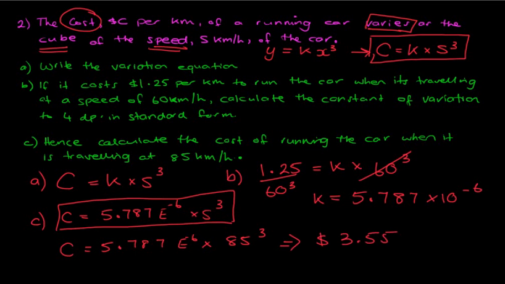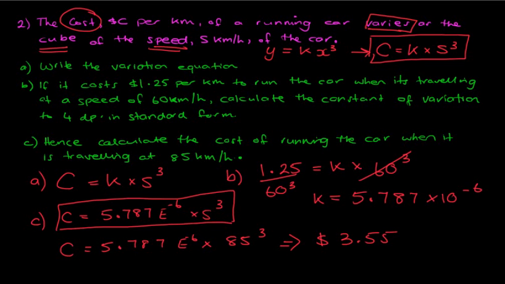Okay, they could have asked what speed my car would be going if it cost me $20, and so all I'd have to do is put the 20 where the C would be and then put it in my graphics calculator. So again, you can see no matter if they ask you, in this case they did ask you for the variation equation and the constant of variation, if they don't ask you, you still have to do it because it makes it so much easier in the long run.